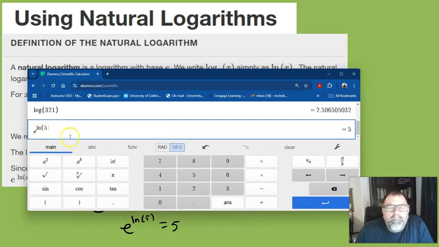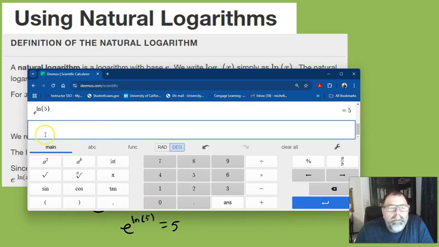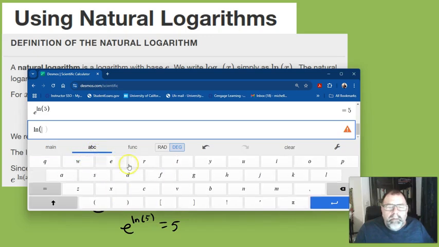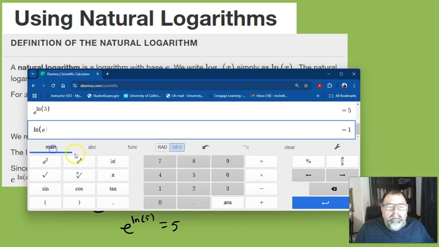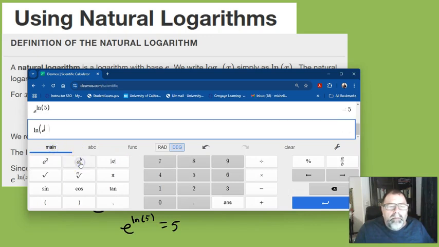So these are inverse functions. And then also, if I did ln, again, you could just type ln of e to the power, say, 7, you get 7. See, those cancel each other.